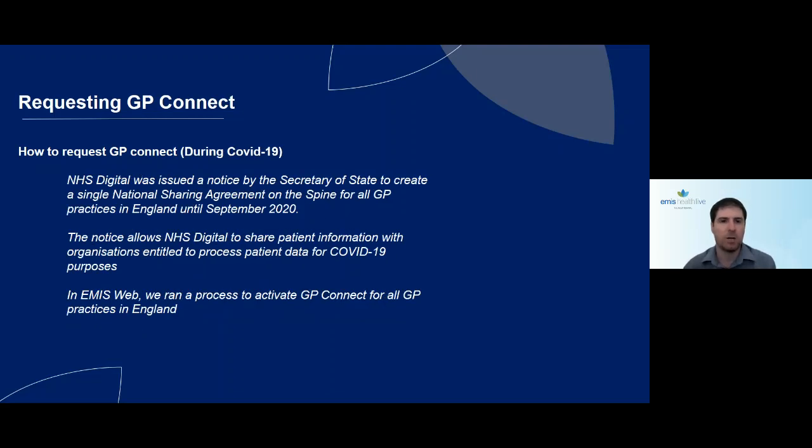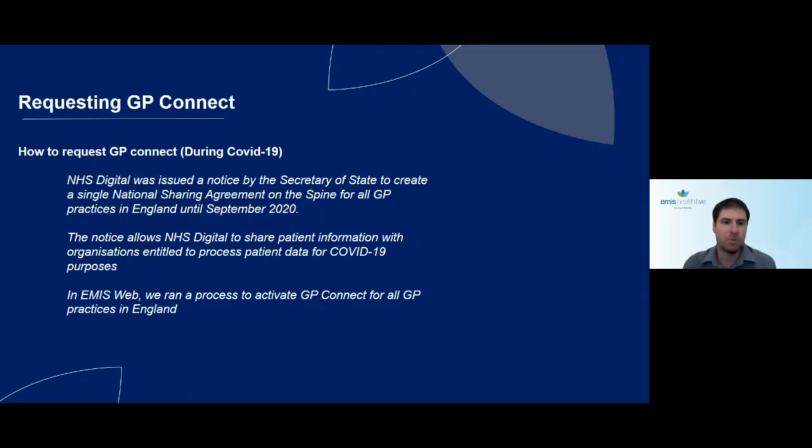But since COVID has come in, NHS Digital was issued with a notice by the Secretary of State to create a single national sharing agreement on the spine for all practices in England until September 2020. The notice allows NHS Digital to share patient information with organisations entitled to process the patient data for COVID-19 purposes.